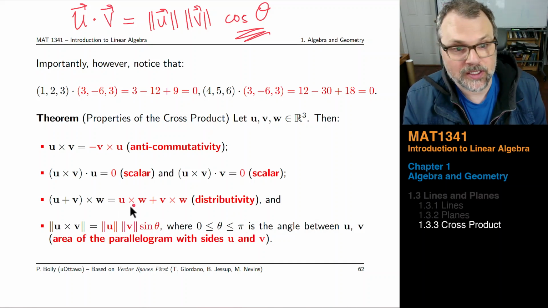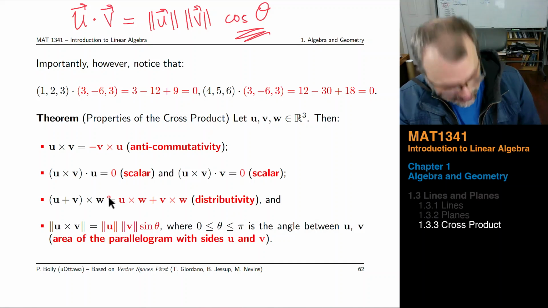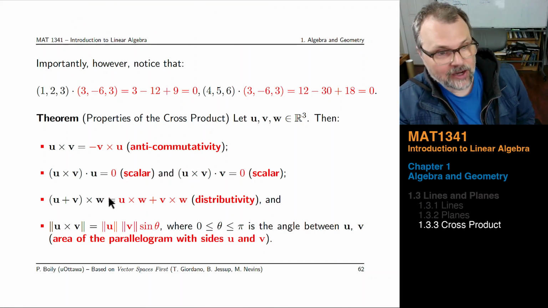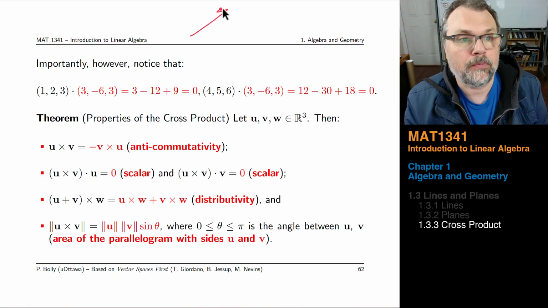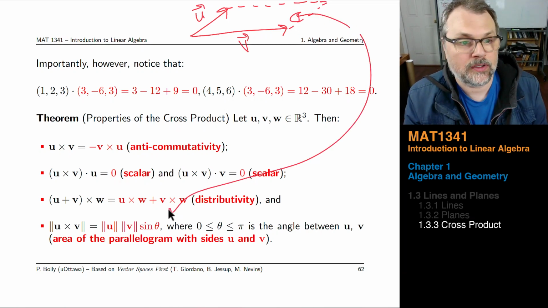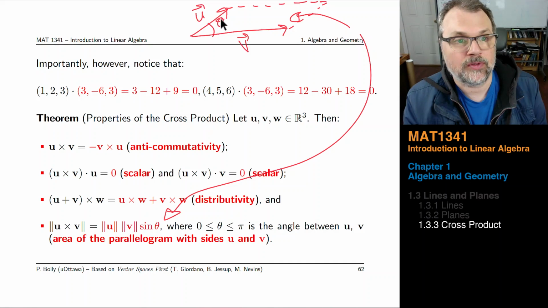And so this quantity here is always positive. This is in fact the area of the parallelogram that has u and v as sides. The area here would be this quantity, where the angle between them is theta.